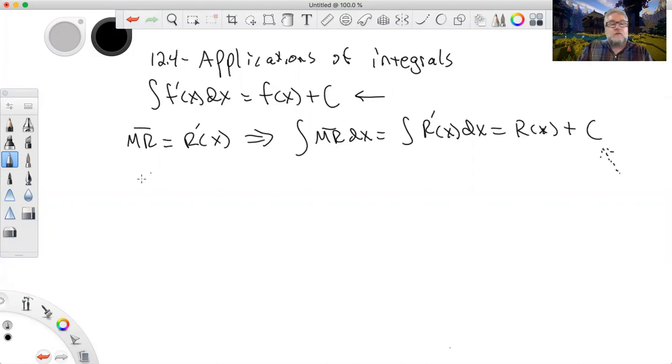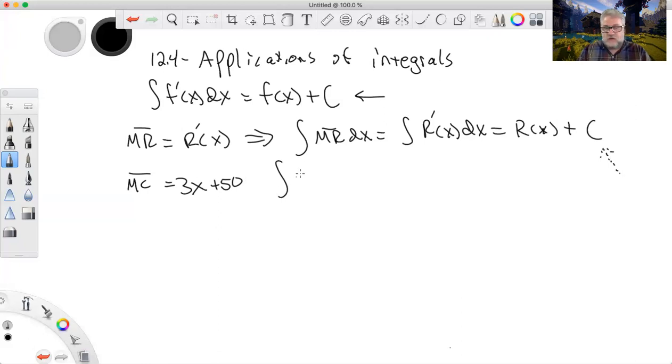So here's an example. We have a marginal cost function of 3x plus 50, and we want to figure out what the total cost function is.